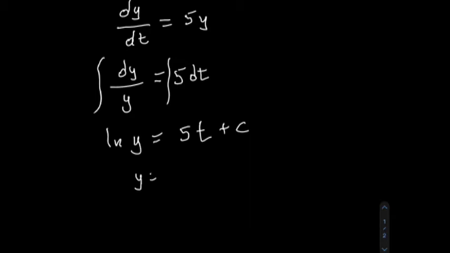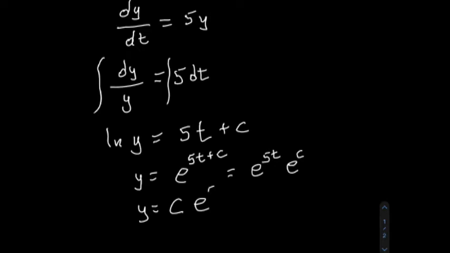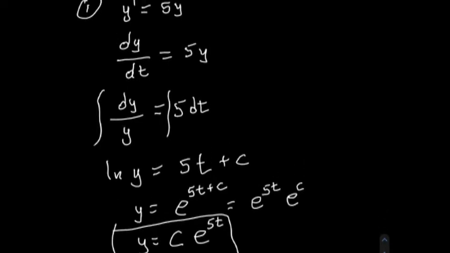We know y is equal to e to the 5t plus c, and this is just e to the 5t times e to the c. Using the properties of exponents, e to the c is just another constant, so we're going to call it c, times e to the 5t. And that's my solution for my first problem.